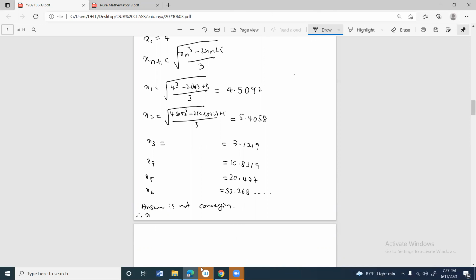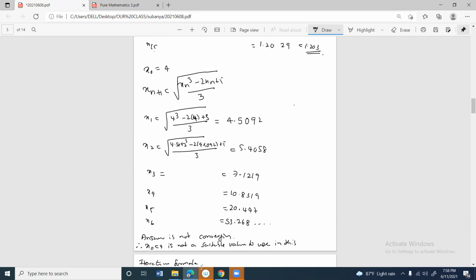Therefore x naught equals 4 is not a suitable value to use in this iteration formula. That's what we have to understand with this question. Is that clear? Hopefully that is fine.